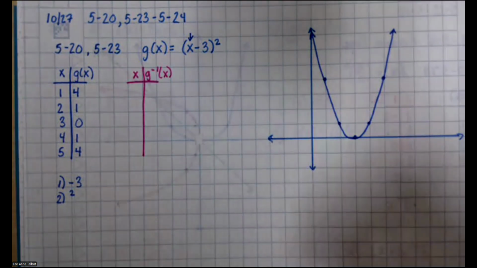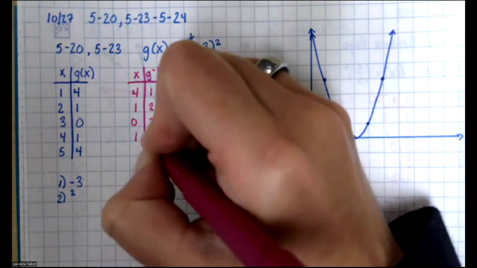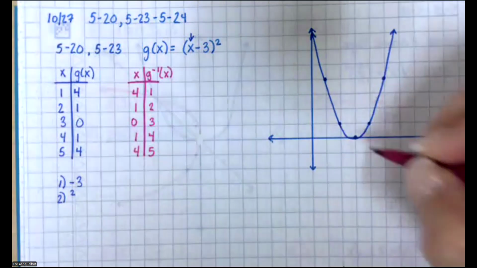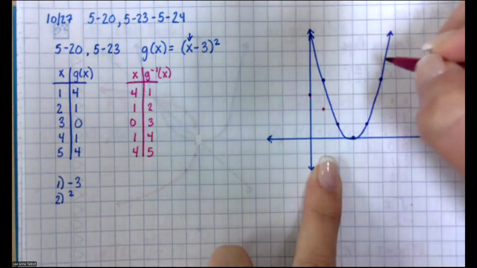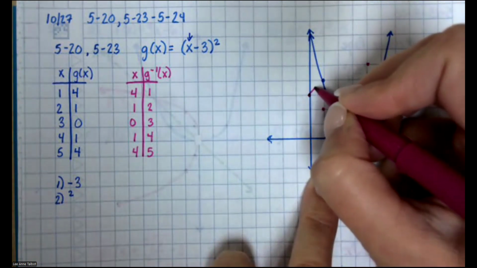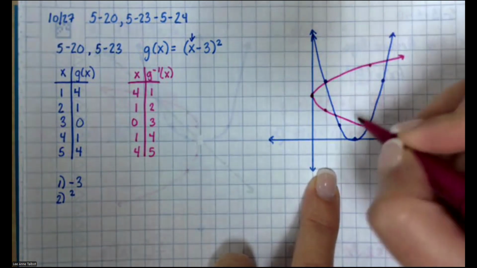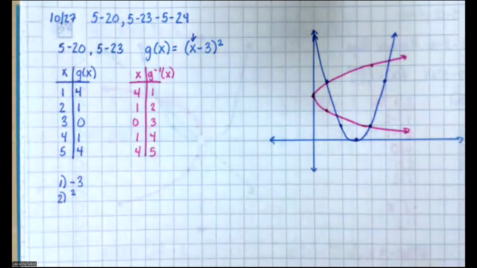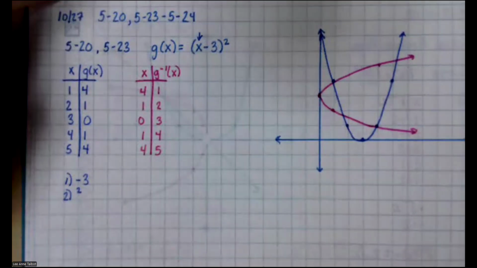Okay, what do I do to the table? It's the best part. Okay, what is the equation of the line of reflection between these two?